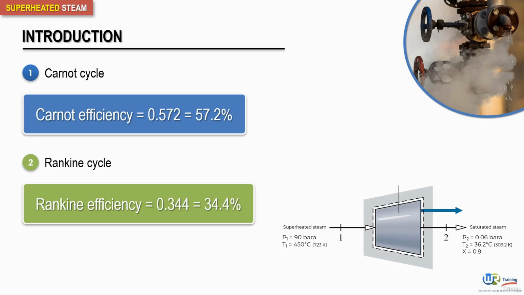In addition, the temperature or energy in the exhaust of the turbine must be as low as possible. This means as low a pressure and temperature as is practically possible. This is normally achieved by a condenser on the turbine exhaust.